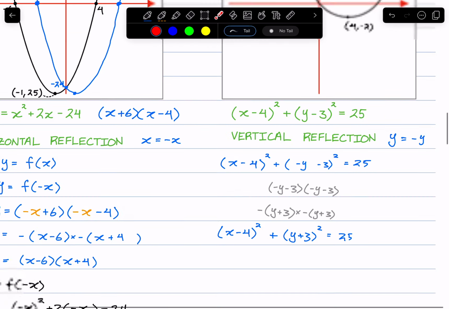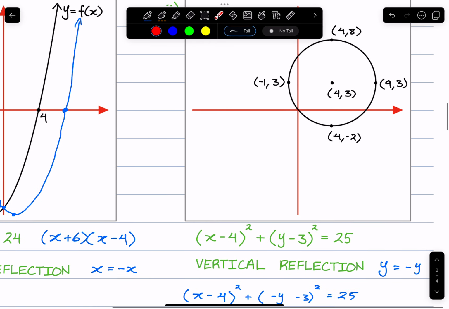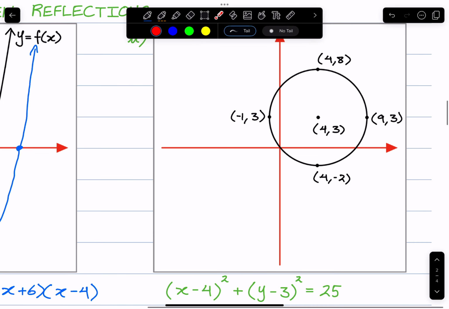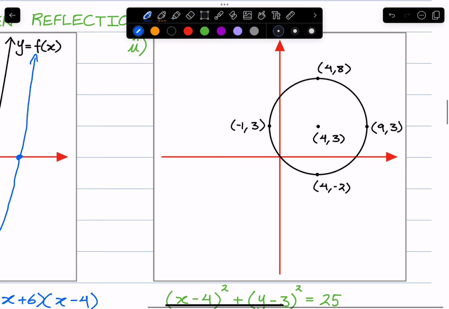And so now sketching this, this 4, 3, the y values, since this is 3 units above the x-axis, this center would be the same x value, but it would be 3 units below the x-axis.